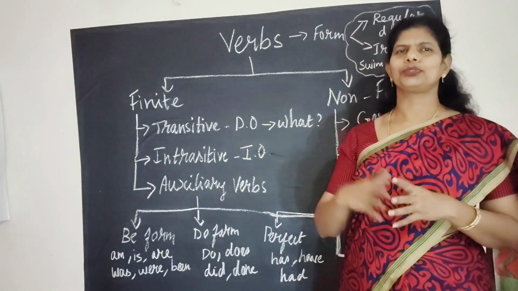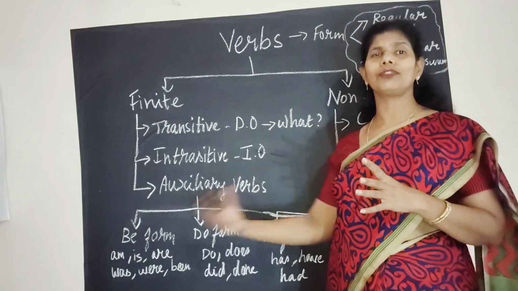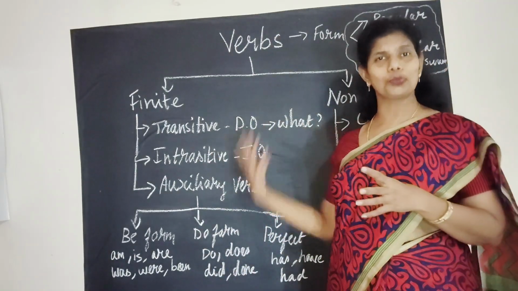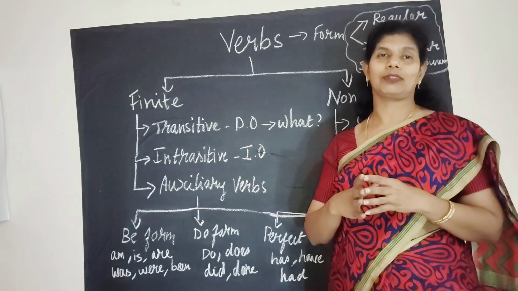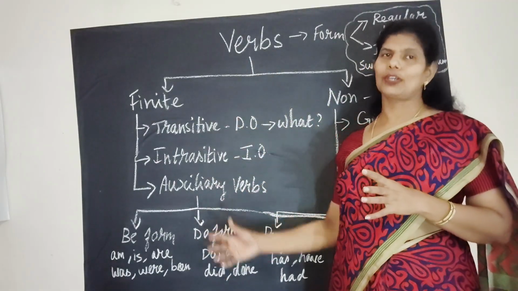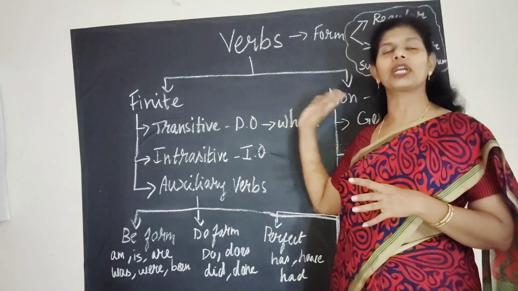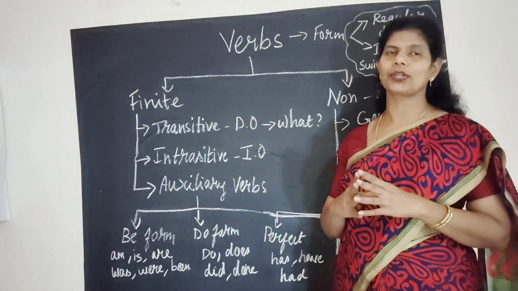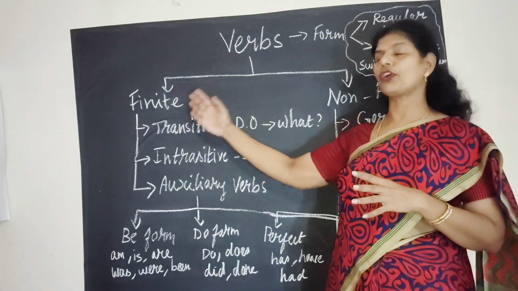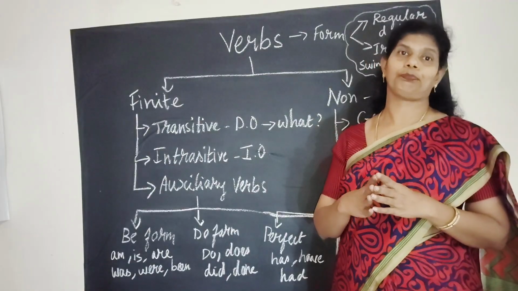Now that you know the style, I have put everything in one frame. I was finding it very difficult to put all the verbs into one frame, but I have managed to put everything related to verbs here. The first thing we will know is that verbs are divided into two kinds: the finite verbs and the non-finite verbs. Finite verbs change their form.